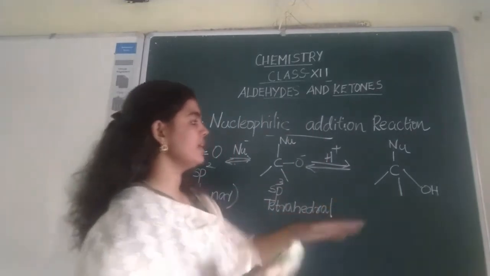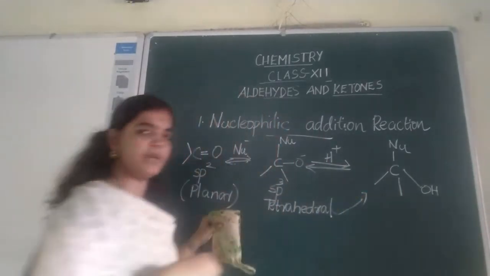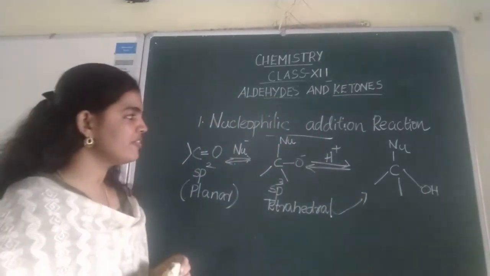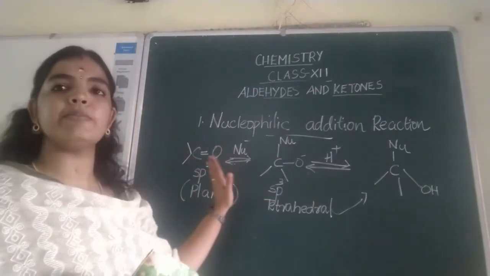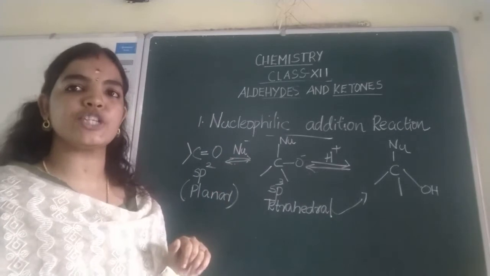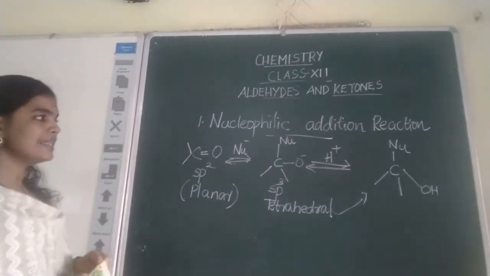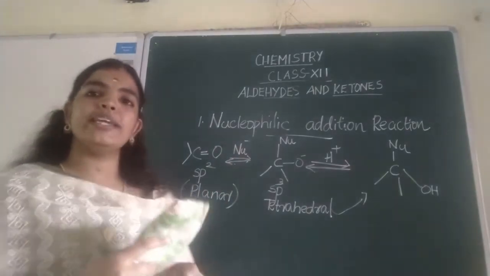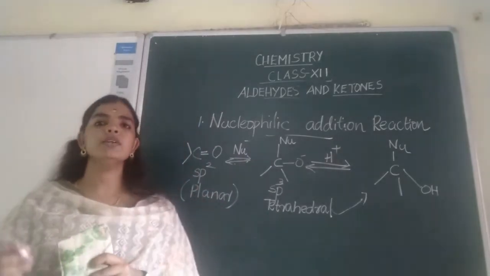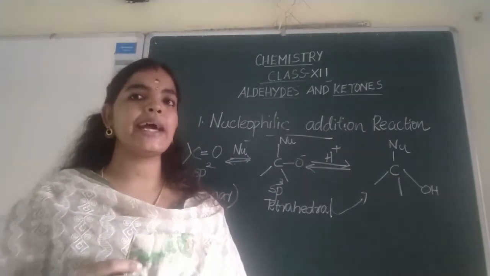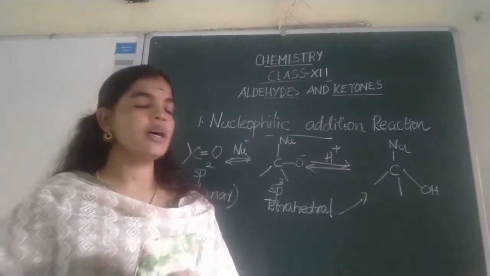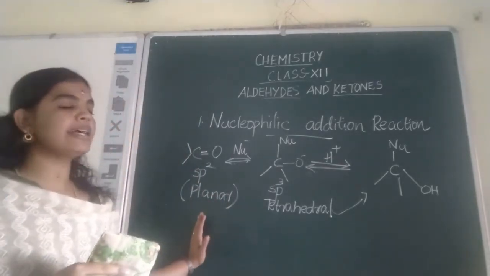This again has a tetrahedral geometry. Is it clear, all of you? So this is actually the mechanism of nucleophilic addition reaction. Is it clear? Okay. So next we can discuss the reactivity of aldehydes and ketones towards this nucleophilic addition reaction.